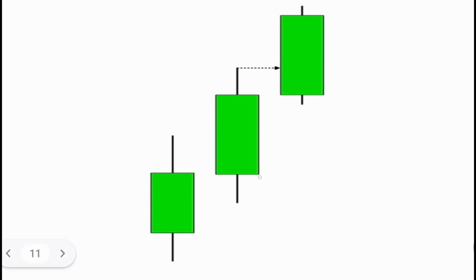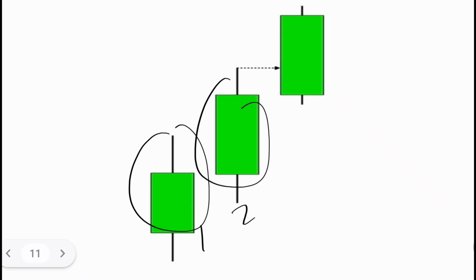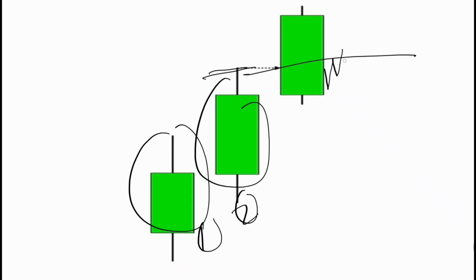For a bullish scenario, once I've seen this day 1, day 2, and this is the new high, I will look for a buy that will break this. I will know that the market is going up, so I'll look for a demand zone. I'll trade demand, looking for a good demand zone that would actually take out this liquidity.